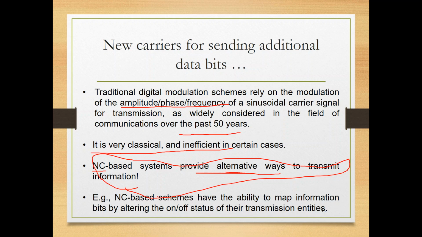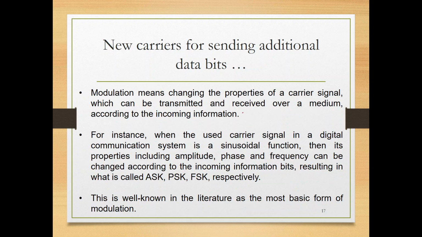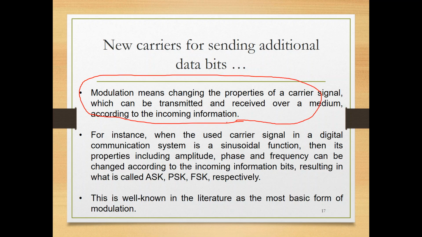You have index, number, amplitude, shape. If you play with these properties, you can consider them new types of carriers that can carry your information and map it. This is the definition of modulation and what we agreed upon. I am putting it here so that you remember it, and based on that, try to come up with new things.